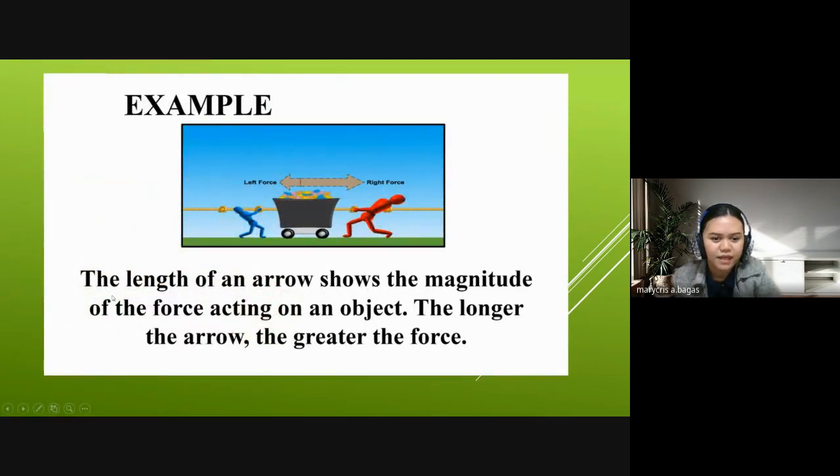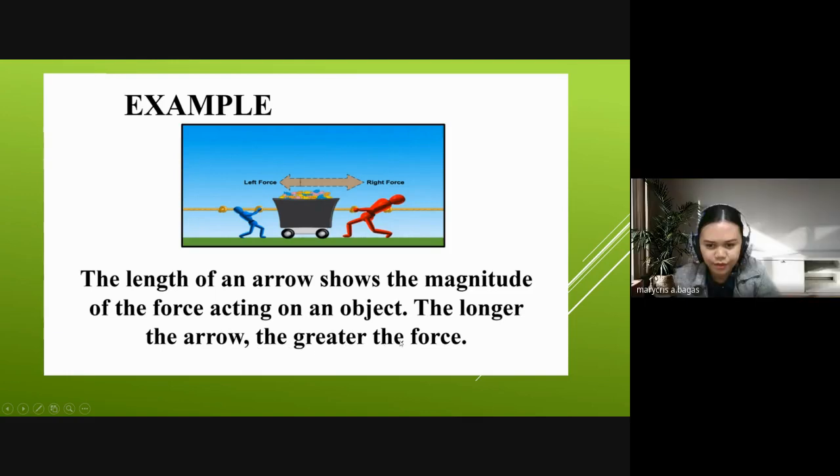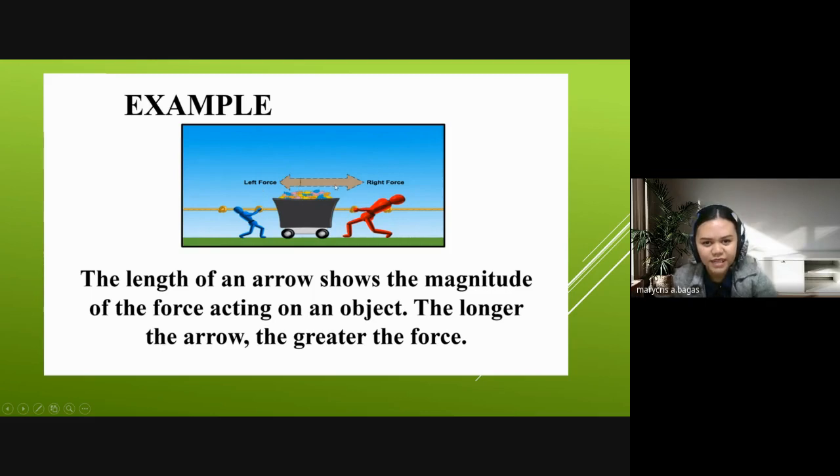Everybody, let us read. The length of an arrow shows the magnitude of the force acting on an object. The longer the arrow, the greater the force. So here you can see the arrow going to the left and the arrow going to the right.